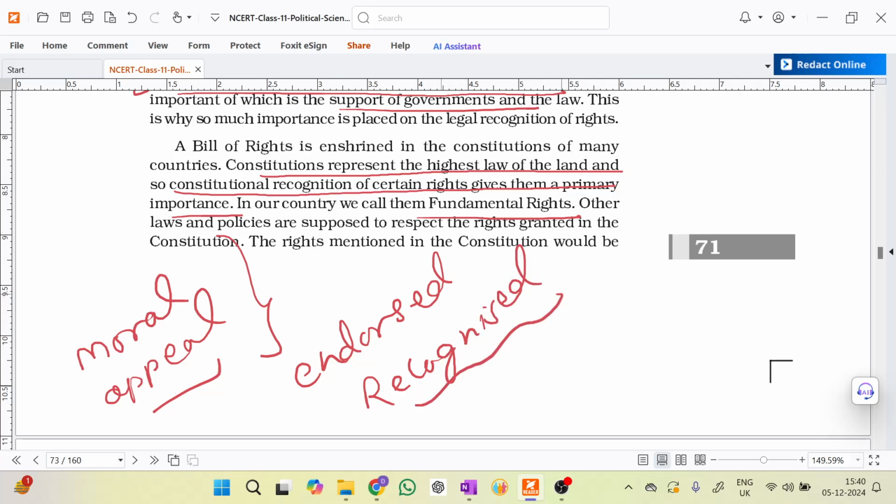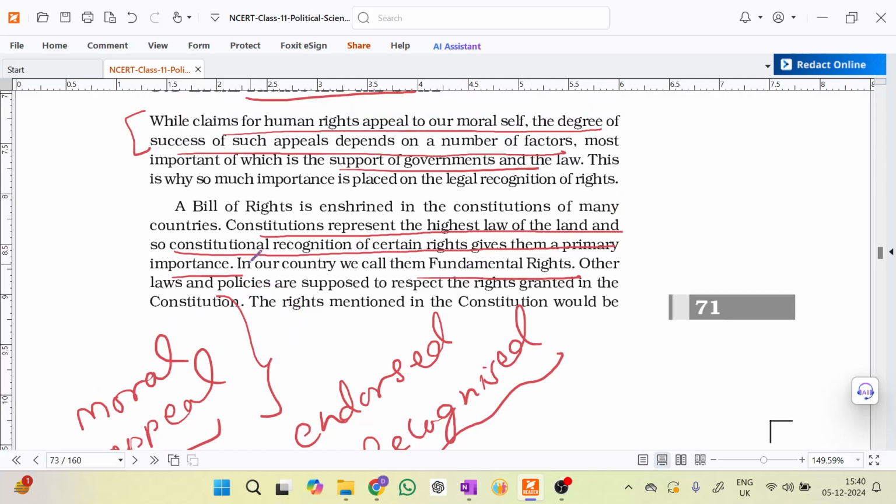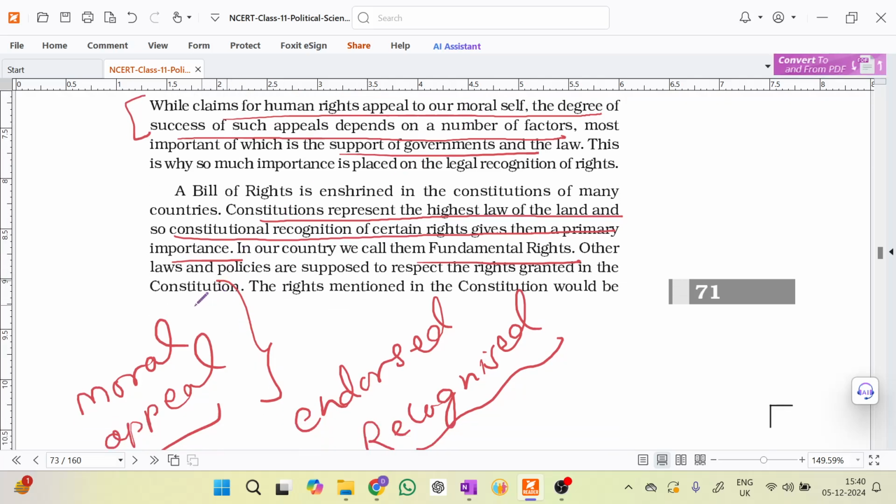In the former case, when it was just a moral appeal and somebody was negatively affecting me, I could only appeal to the moral self of the person and cite my own status as a human being. But when such rights are endorsed and recognized by the state or by government, they become something special. They become primary.